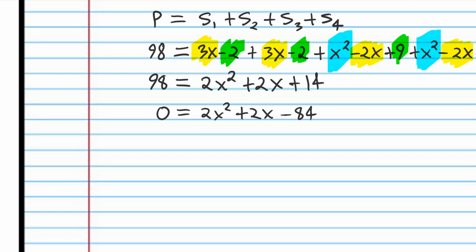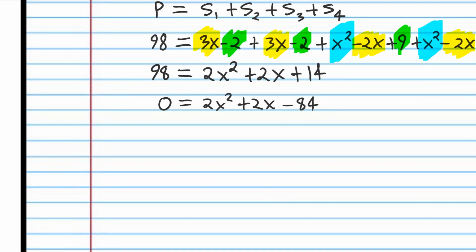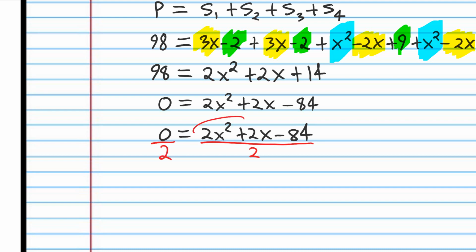So to make this equation easier, we can actually divide both sides of the equation by 2. So I'm just going to rewrite that because I want you to see exactly what I'm doing there. We learned how to divide a polynomial. This is a polynomial, a trinomial specifically. We learned how to divide a polynomial by a monomial.